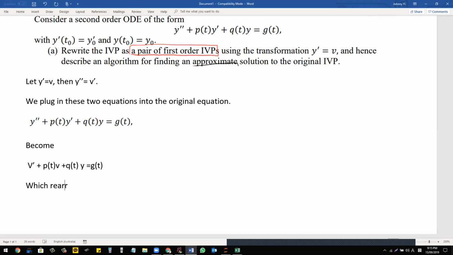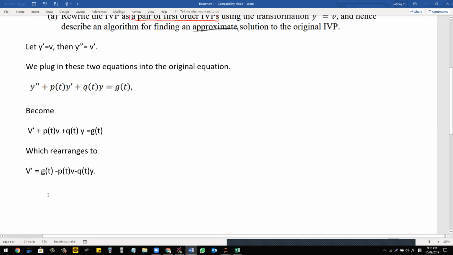which rearranges to v dash equals g of t minus p of t times v, minus q of t times y. Do you put it as v? This one is v. This is y here.